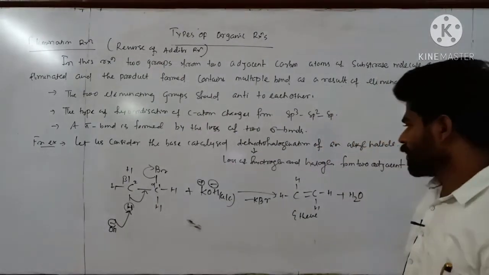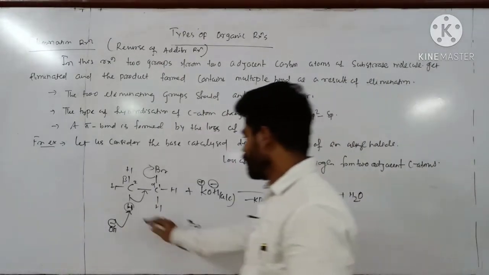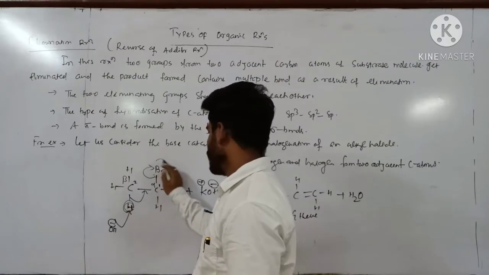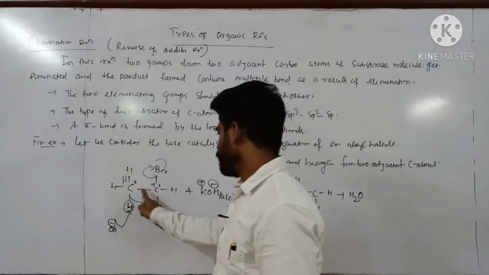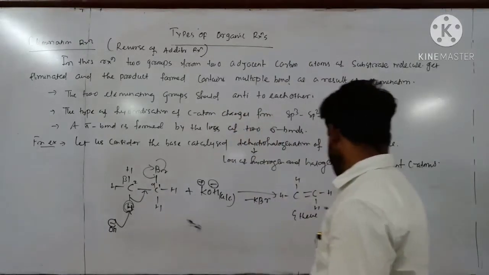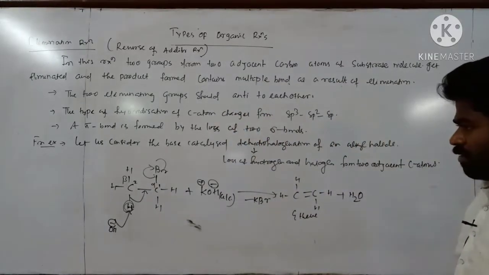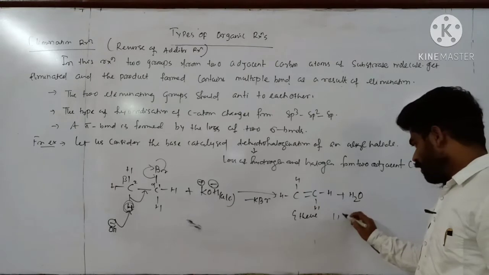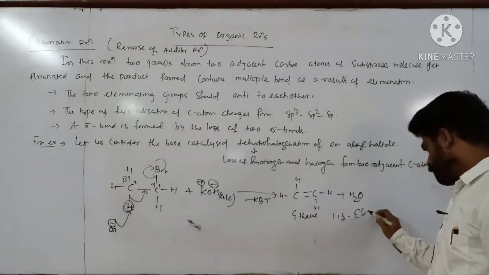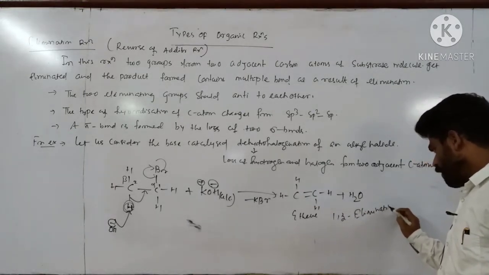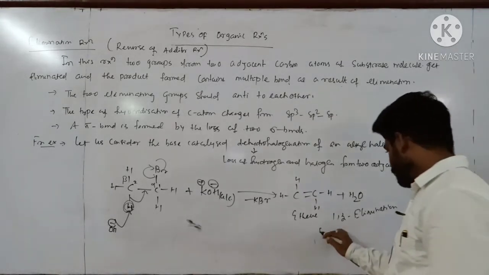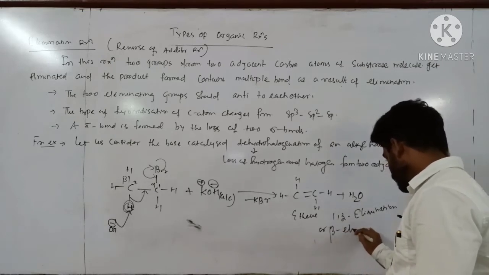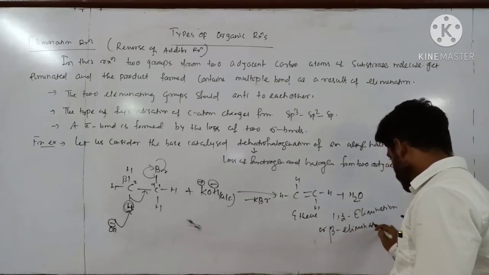Here you see there is a loss of one hydrogen and one bromine from 1, 2 carbon atoms, from adjacent carbon atoms, from alpha beta carbon atoms. That's why this is called beta elimination or 1, 2 elimination. Very simple. Beta elimination.